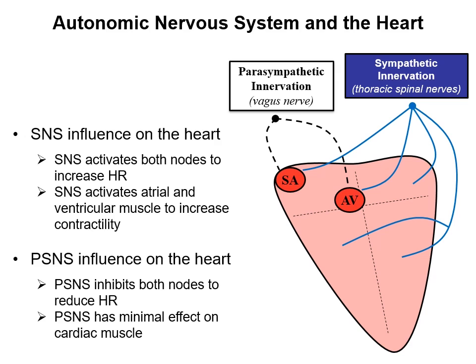So if I have excess parasympathetic nervous system activity, I will slow down the heart through suppressing SA nodal cells and AV nodal cells, but I won't have a really strong influence on contractility, which is determined by the muscle and not the nodal tissue.